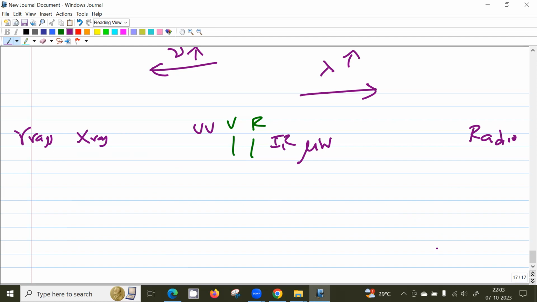And speed of light in vacuum is how much? C is 3 into 10 to the power 8 meter per second. This is for visible light. What is C for X-ray? X-ray frequency is more, right? So is this more than 3 or less than 3?